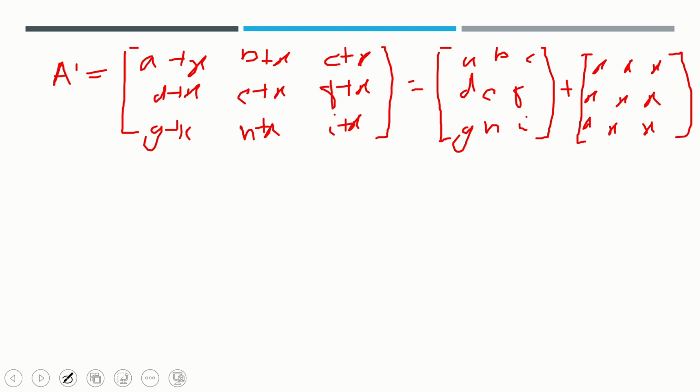I may have written it this way. These all are x, and you know this value is 8, right? So I'm writing like this. If I take x common, it will be 1, 1, 1.